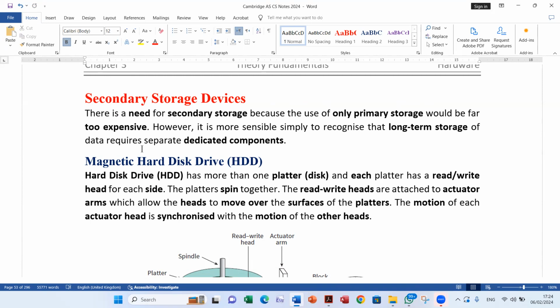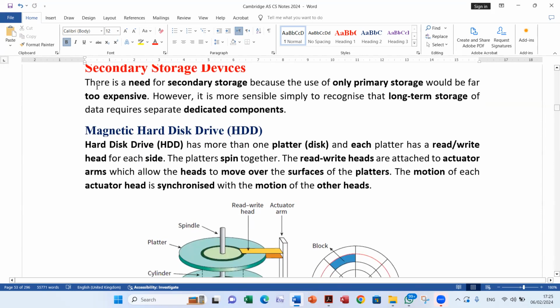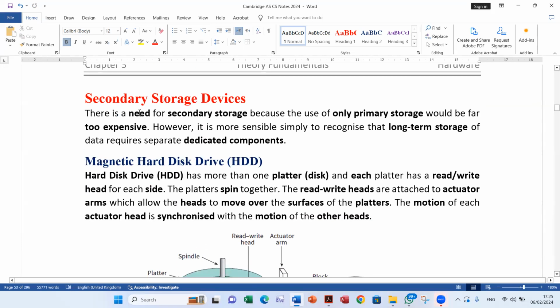However, it is more sensible simply to recognize that long-term storage of data requires separate dedicated components. You cannot keep your data in the RAM. You only keep the data on your hard disk. So this makes it necessary to have secondary storage, the hard disk.